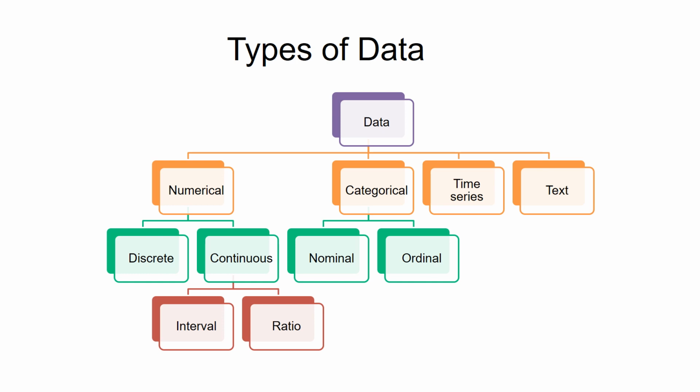You may have data which is text, versus if you want to predict a stock price, maybe that is time series data where the data comes continuously. You have to use that and then predict as a function of time. So let's see various types one by one. Broadly, they are classified into numerical, categorical, time series, and text.